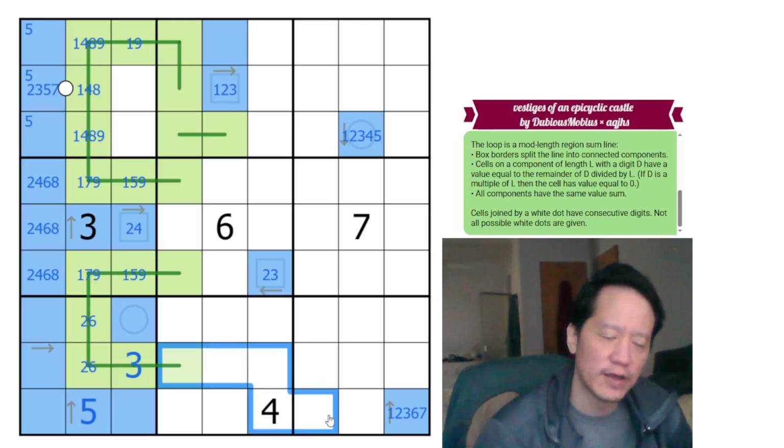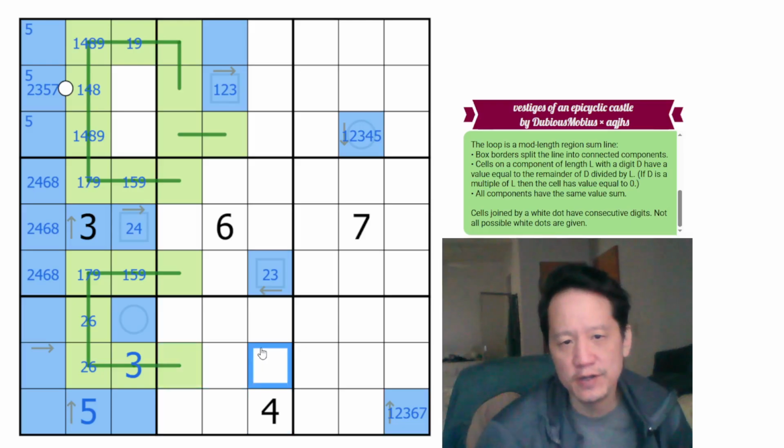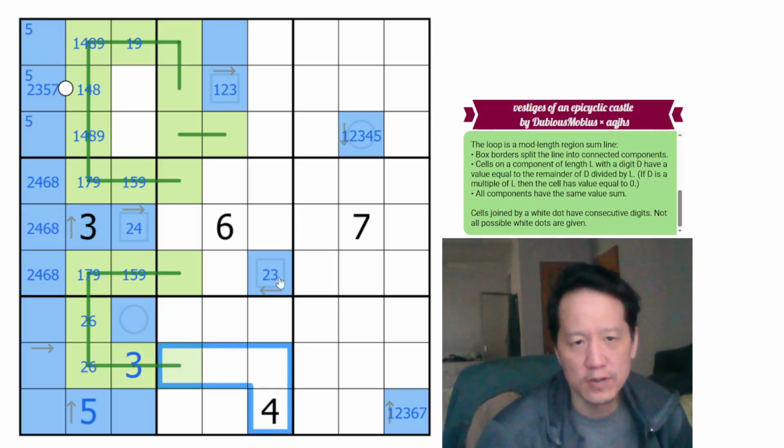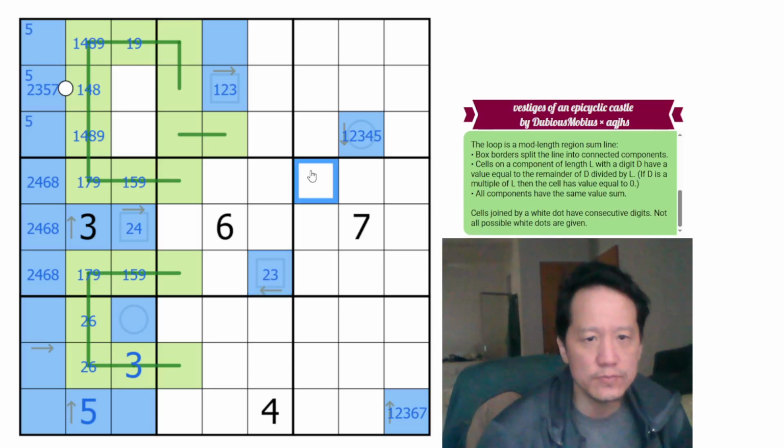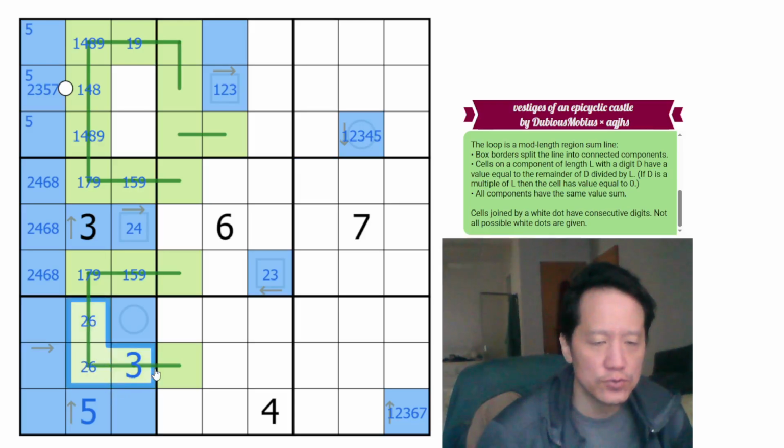So it could go that way. That actually could work. Never mind. So it could actually be 4 here. Okay. So this is two total. This is 2. This is 2.